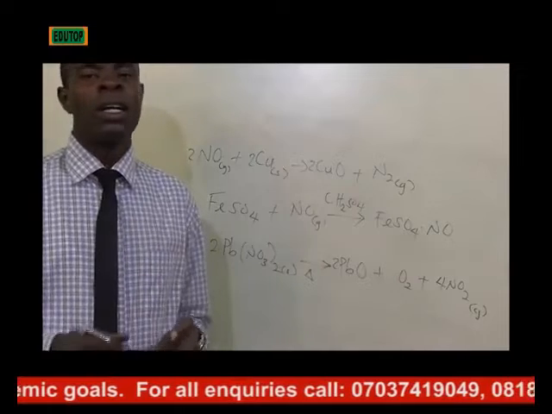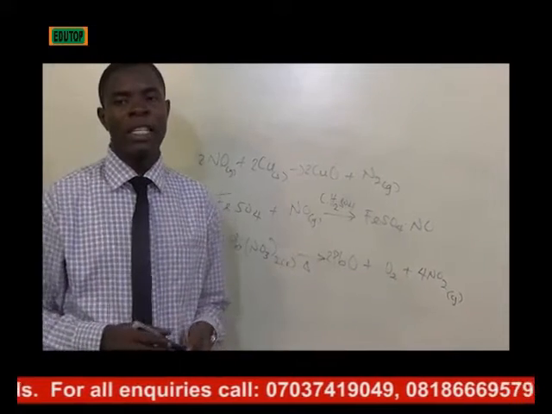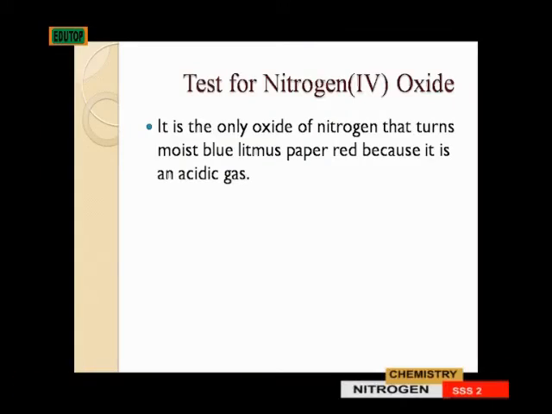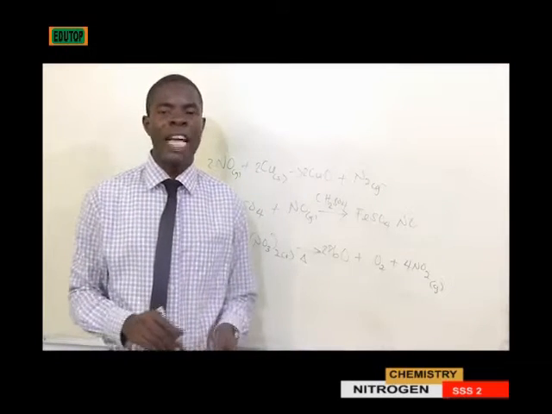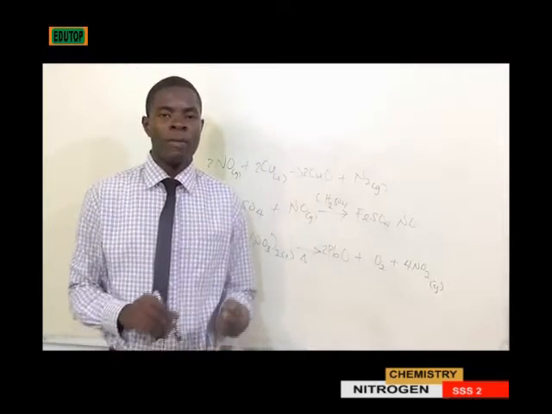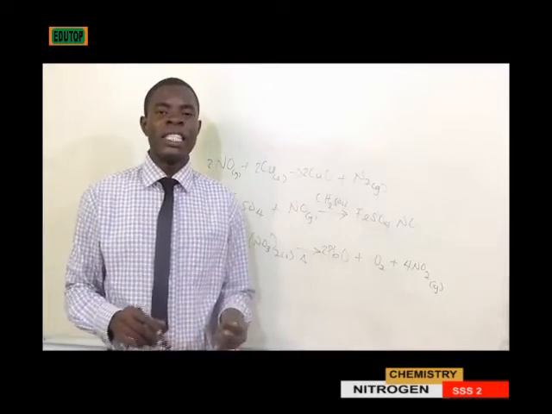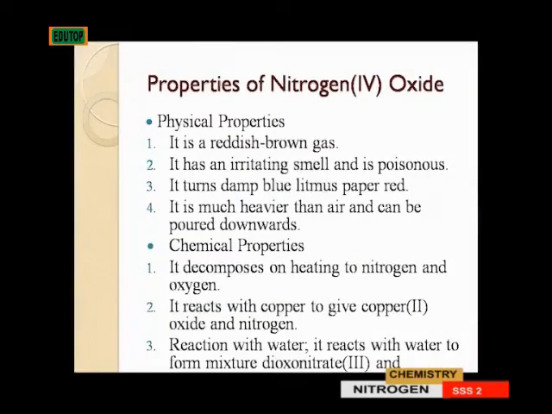Test for nitrogen 4 oxide. It is the only oxide of nitrogen that turns moist blue litmus paper red because it is an acidic gas. Properties of nitrogen 4 oxide. Physical properties. 1. It is a reddish brown gas. 2.